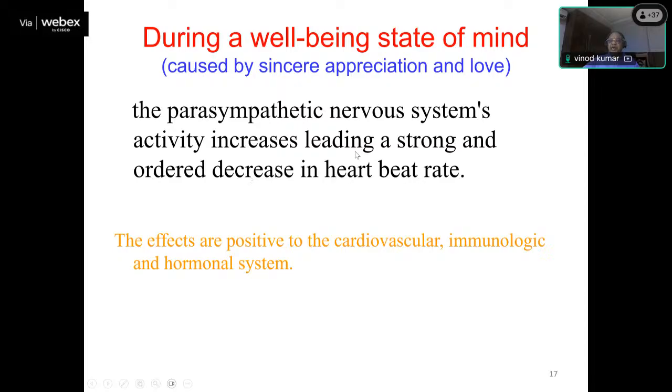So HRV will be high and strong, and it will not be random, it will be an ordered decrease in the heartbeat rate. Heart rate will decrease, but there will be systematic uniformity. Regularity will be there. It will not be random. And this is a positive effect on the cardiovascular, immunologic, and hormonal system.